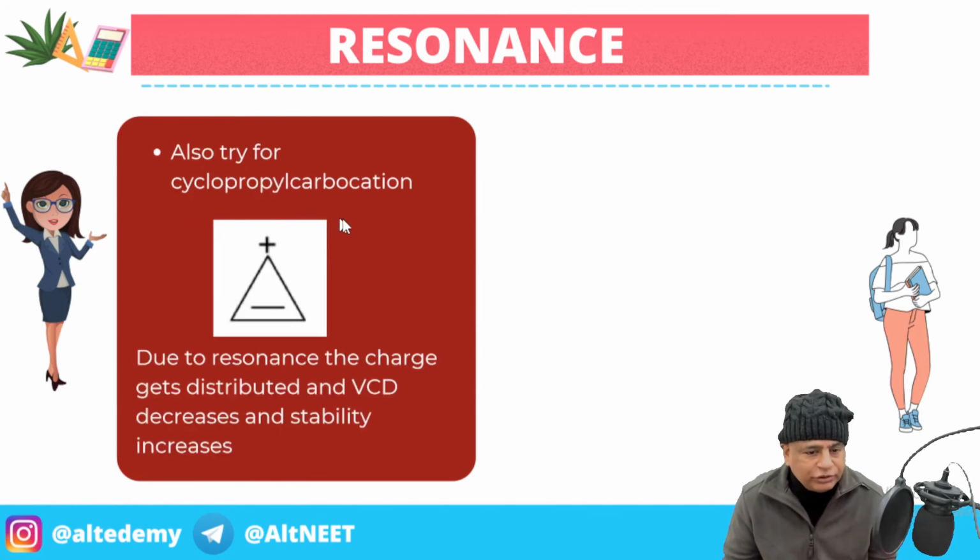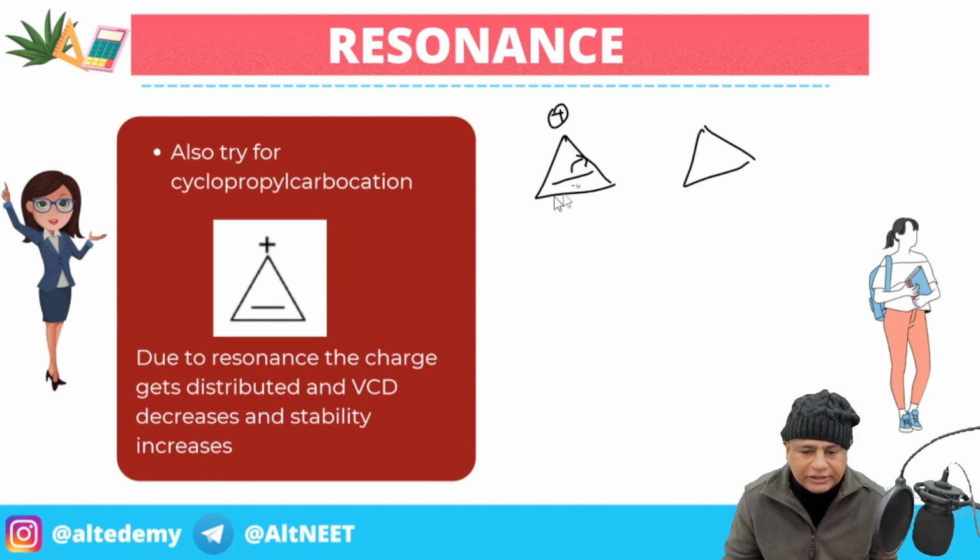We can also try for cyclopropyl carbocation. We have cyclopropyl carbocation like this here. You can move an electron from this place to this place. So if the electron has gone from this place, the positive charge will be coming to this place, and the double bond will be coming to this place, right? Now this electron will be coming to this place.